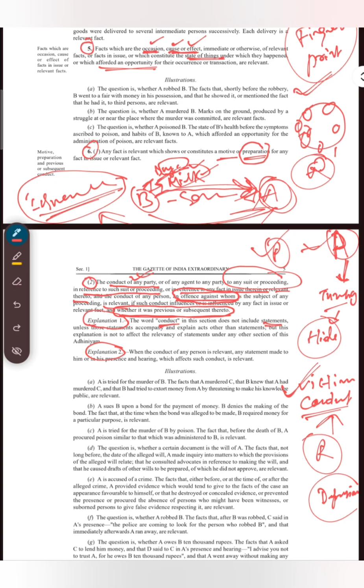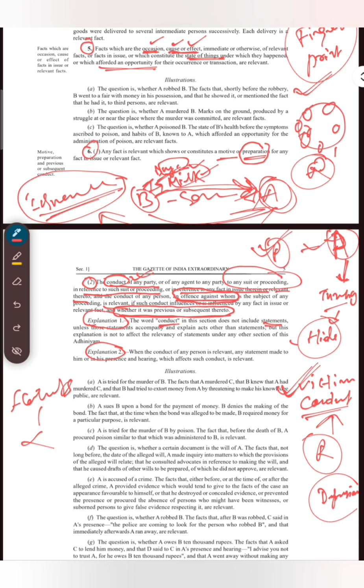Here it is saying that the word conduct written here, conduct of parties or victims, does not include statements. Only the conduct means the physical activities. Whatever physical activities the person is depicting will be relevant.